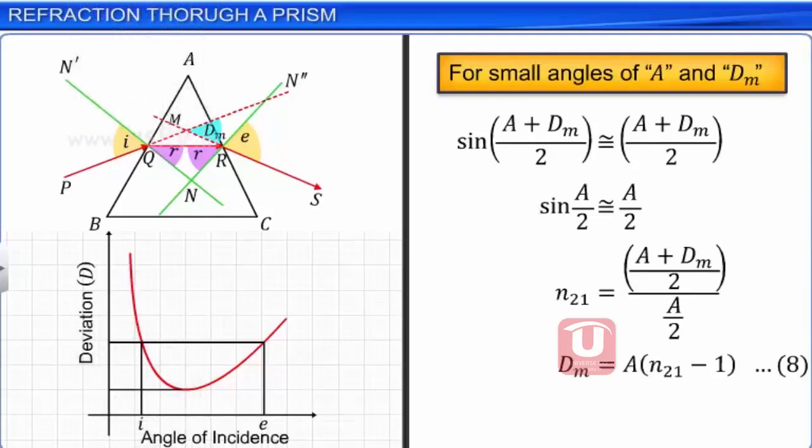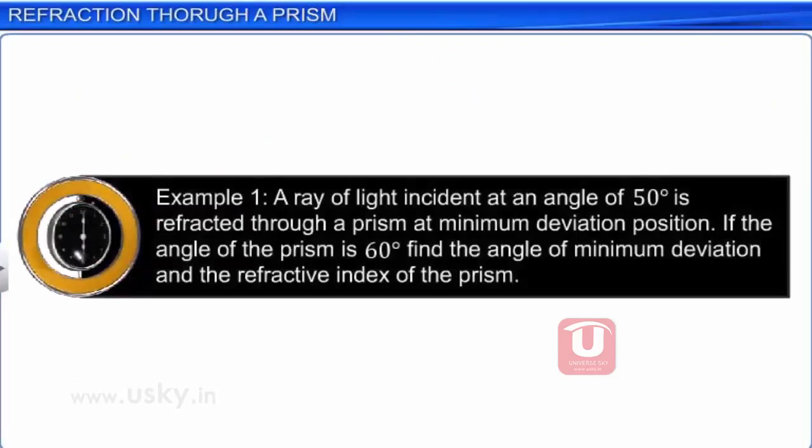In this problem, it is given that I is equal to 50 degrees, A is equal to 60 degrees. The prism is at its minimum deviation position.